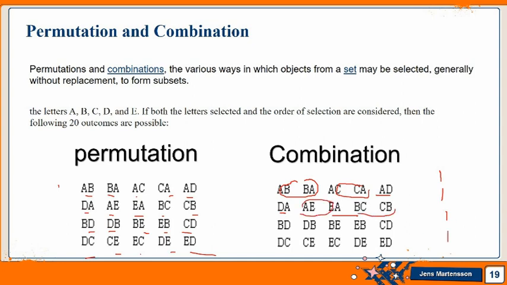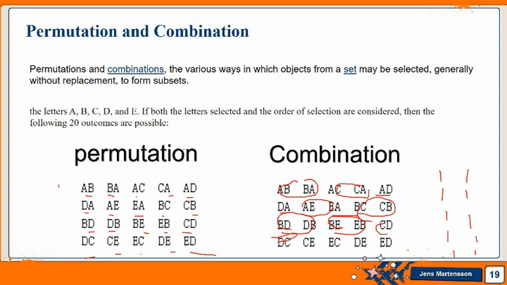Si BC at si CB, 1. Si BD at si DB, another one, si BE, and another one. So, in short, the position of the letters is not important. So, that's what you need to remember when you encounter permutation and combination.